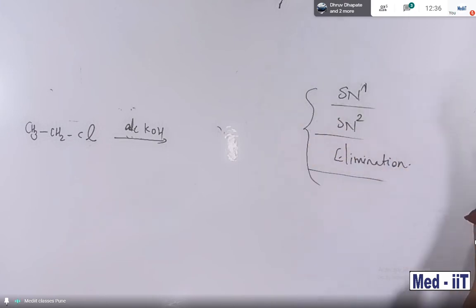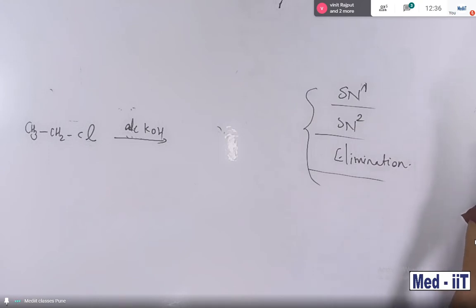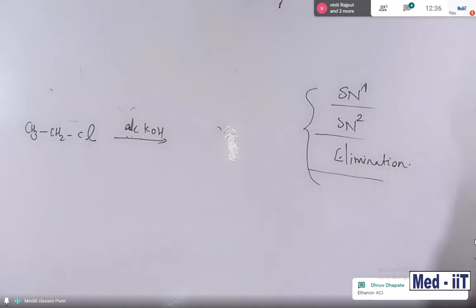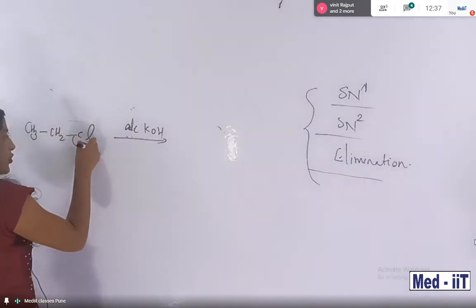Same as our first question, similar. The nucleophile is OH minus, so during that approach the halogen bond is going to break. Anybody trying or not, students? Tell me at least. Ethanol plus KCl. Very good.